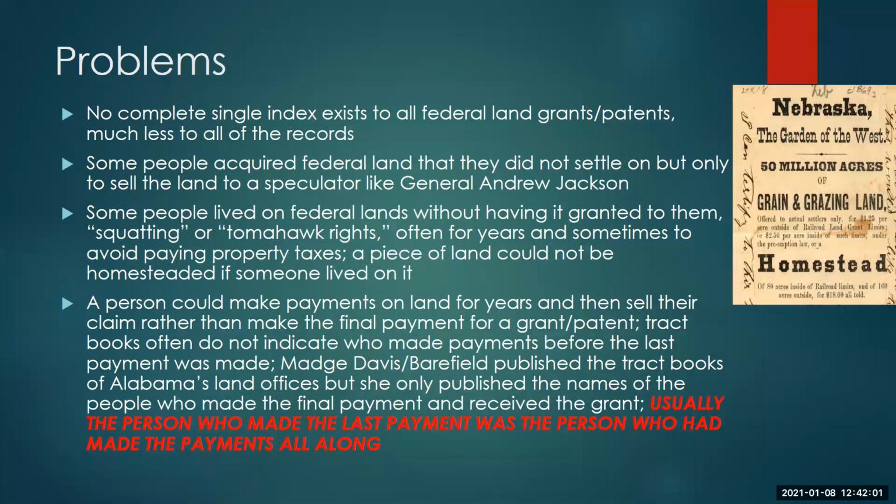The person who's been making the payments all along is also the person who made the last payment and will get the land grant. This is a very small problem, in other words. But you needed to be made aware of it. But as they say, almost all the time, the person who made the last payment was also the same person who was making all the payments all along.